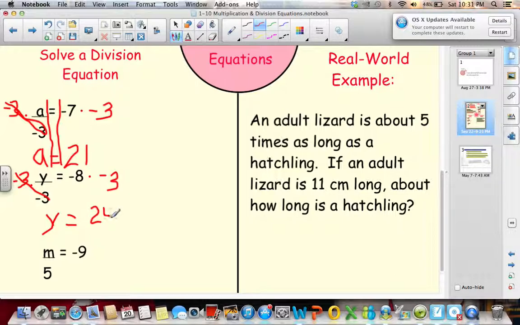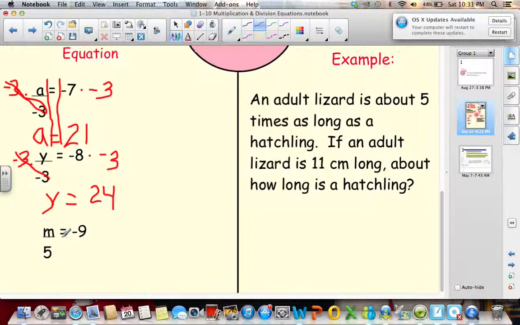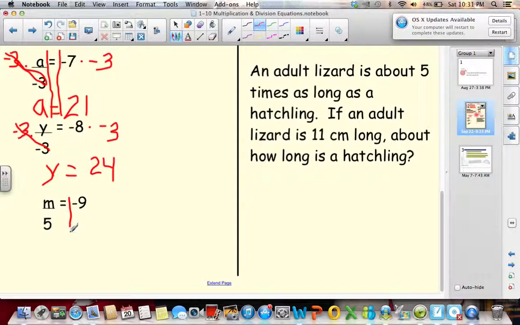I didn't do my railroad tracks. It's a really good habit to get into, to do your railroad tracks, because we are going to eventually be solving 2 or 3-step equations, and it keeps it really organized if we have all of our steps.